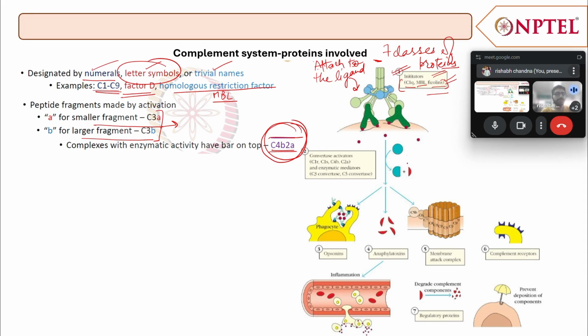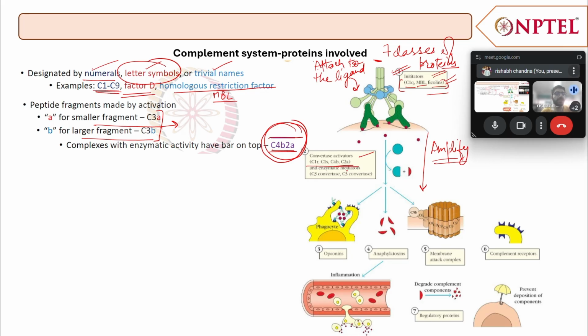Now, after initiation, there are convertase activators and enzymatic mediators, which lead the pathway to amplify. The amplification phase takes place after this. Examples of convertase activators are C1R, C1S, C4B, and C2A.